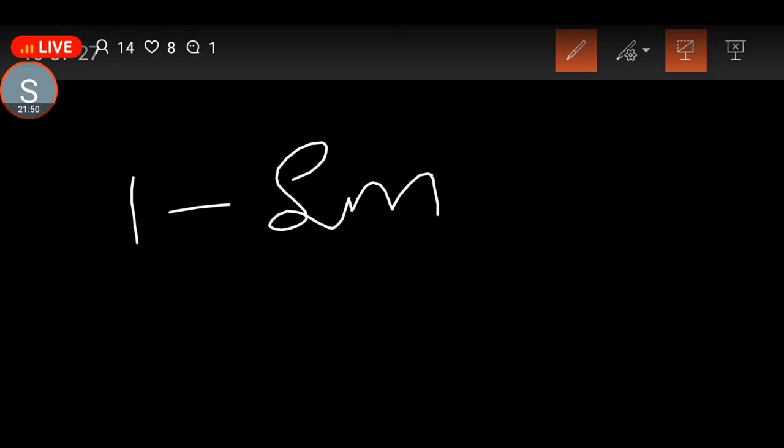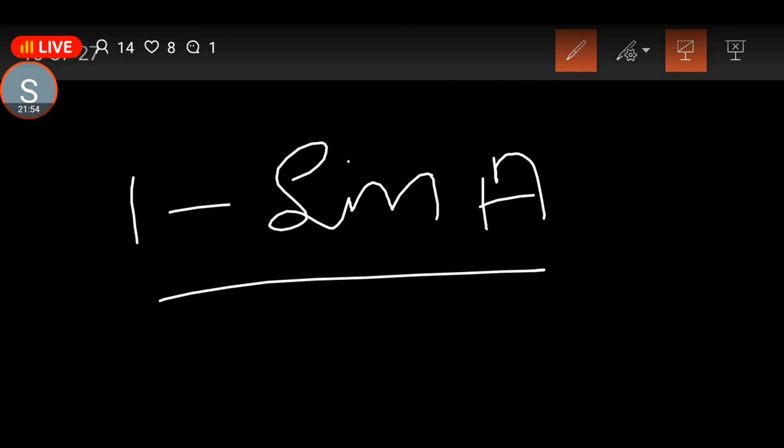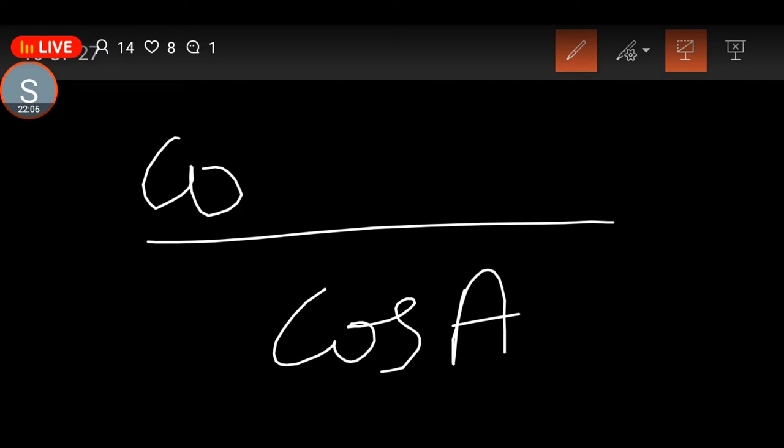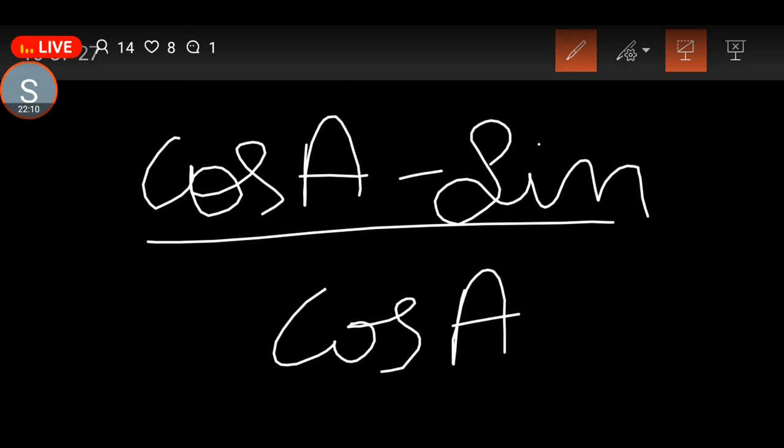The denominator I am writing, not the numerator. Numerator I'll write afterwards. In the denominator, take cos A as LCM, and cos A minus sin A. This will be the denominator.